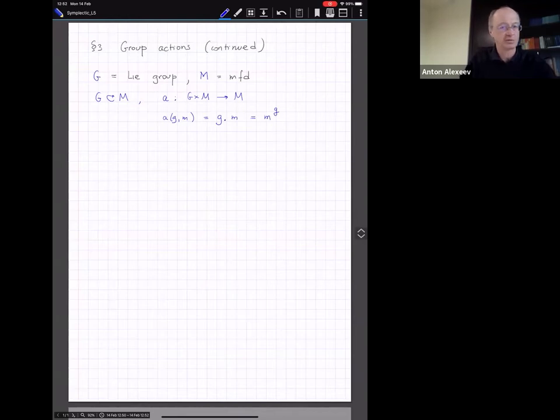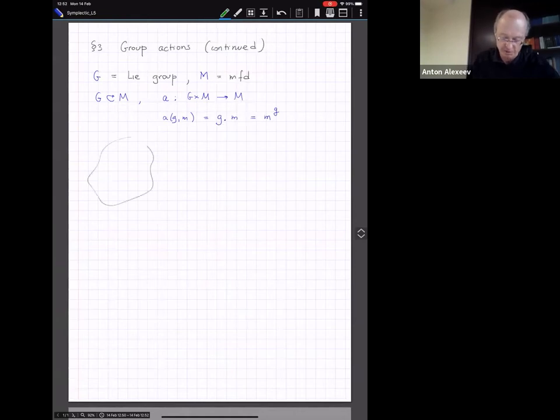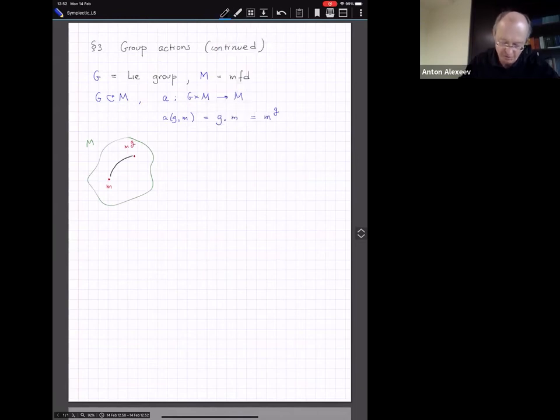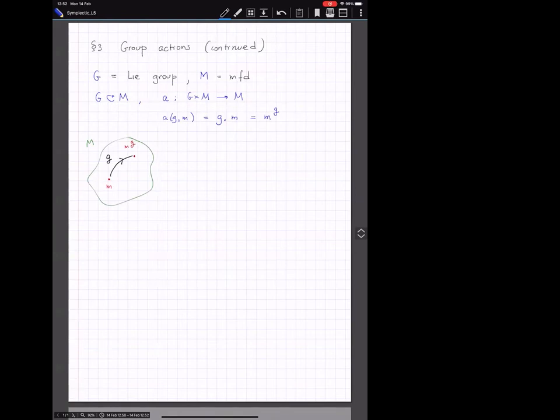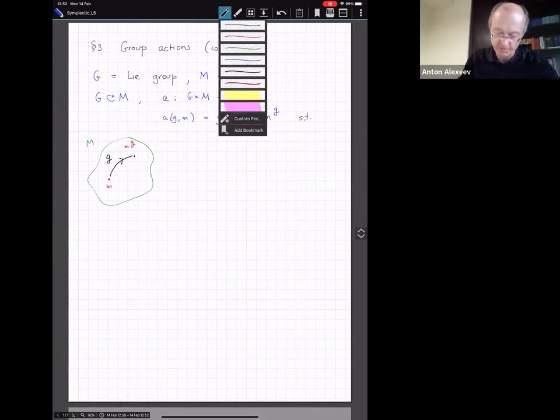So the element of the group G acts, moving the point M somewhere. You can imagine something like this, right? Here is our point M, here is the point M^G, and the element G moves it there. And of course, we impose a condition on that map.